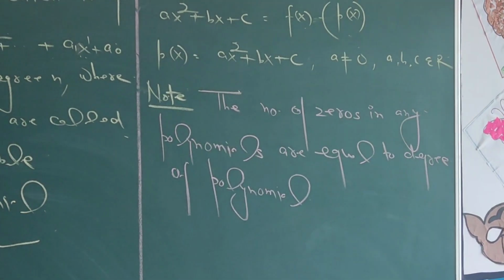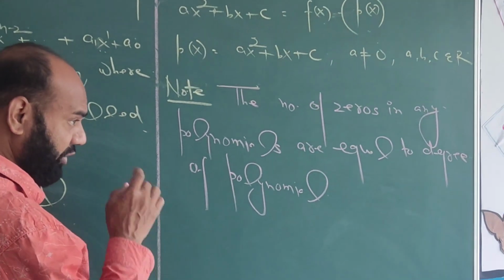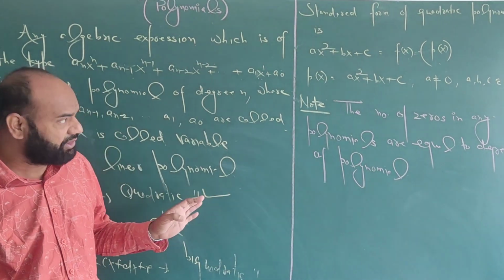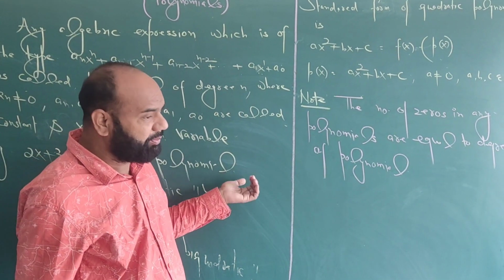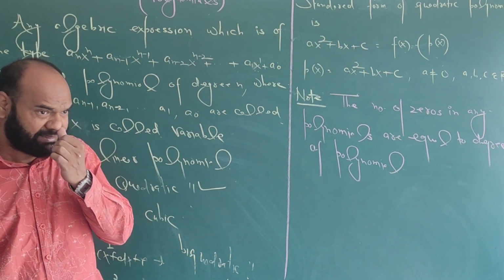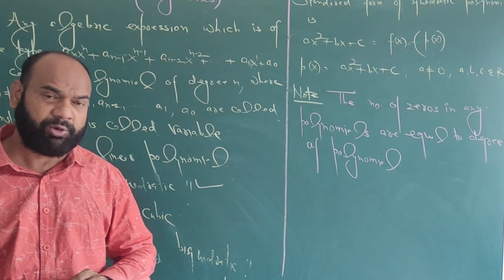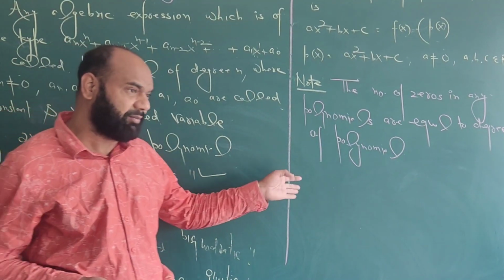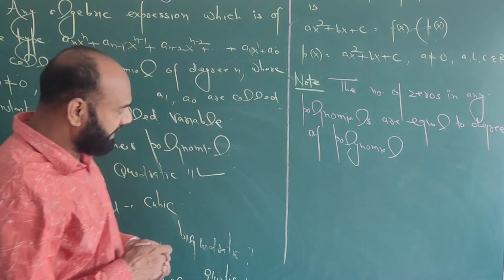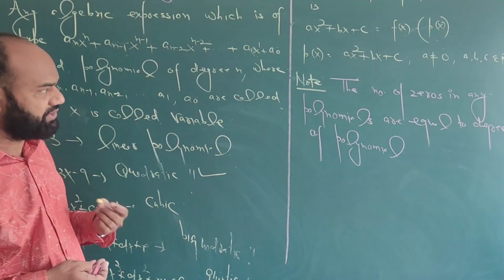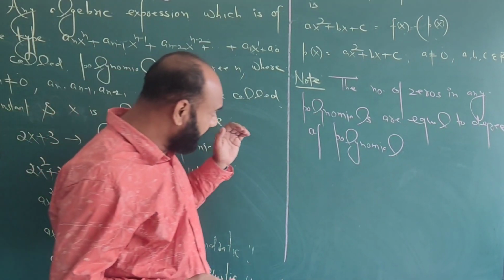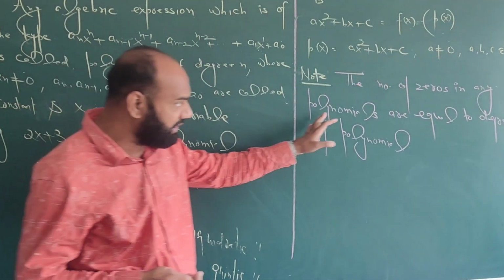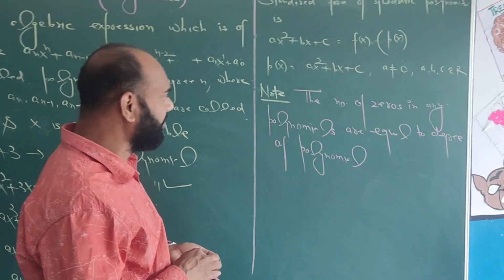Suppose we have linear polynomial, then the number of zeros is 1. When we have quadratic polynomial, then number of zeros is 2. When cubic polynomial, then number of zeros is 3. When biquadratic polynomial, then number of zeros is 4. And when quintic polynomial, the number of zeros is 5. And when 6-degree polynomial, the number of zeros is 6. Conclusively, we can say that the number of zeros in any polynomial is always equal to the degree of the polynomial.